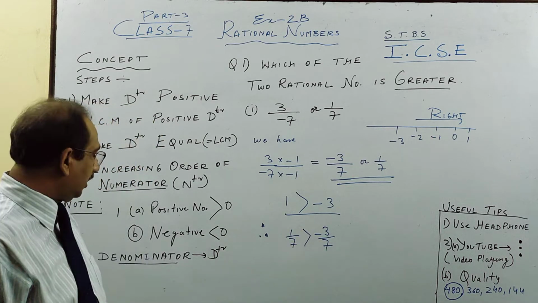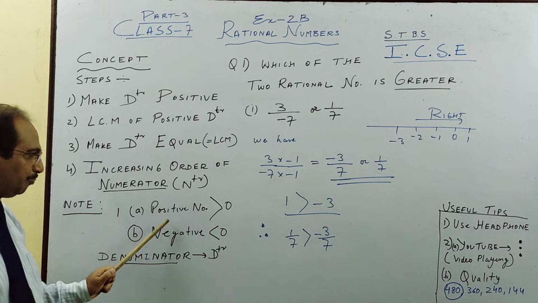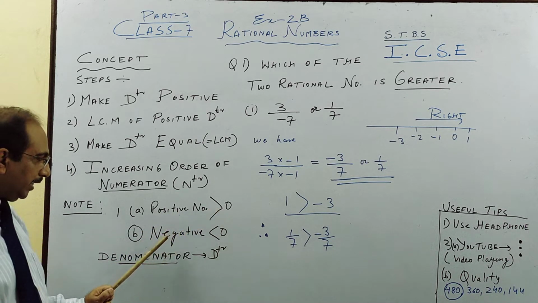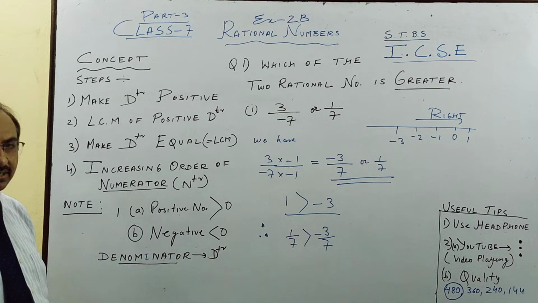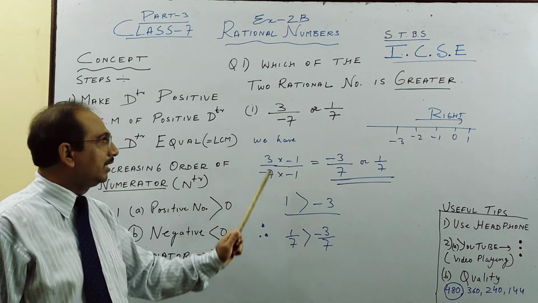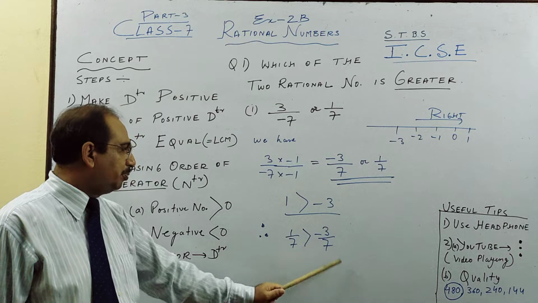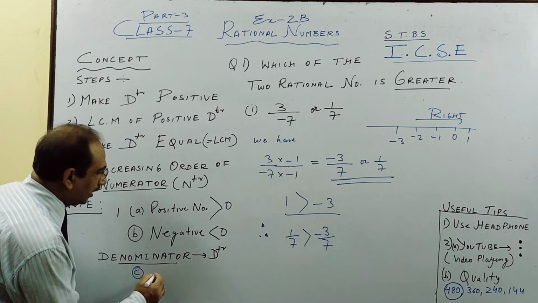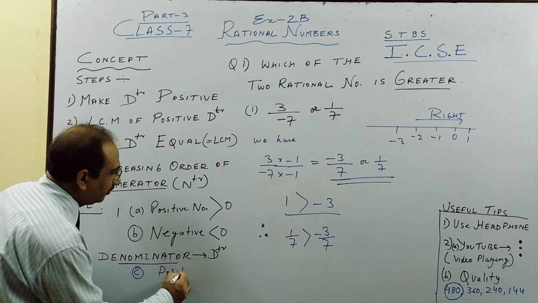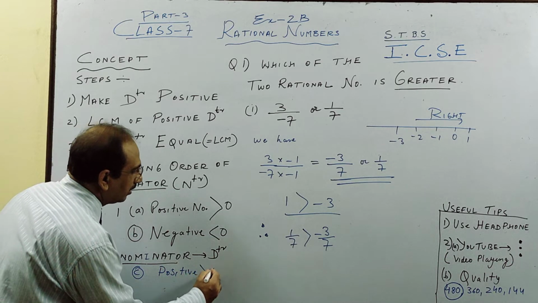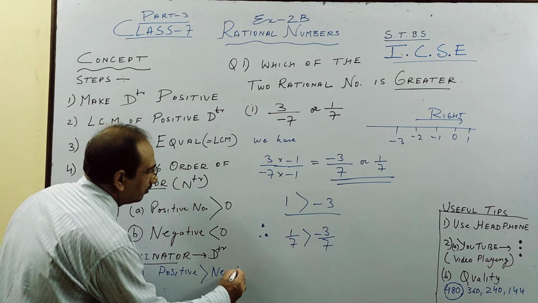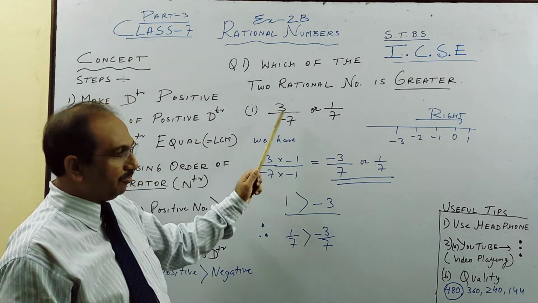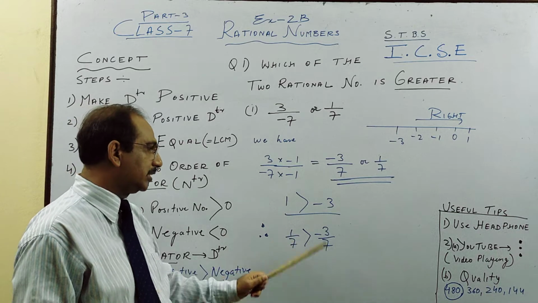And another shortcut, children: any positive number is greater than 0, a negative number is less than 0, so here you could have written directly that positive is bigger than negative. Got it? So one direct method would have been that, but we follow the general rule. So this is greater than this.